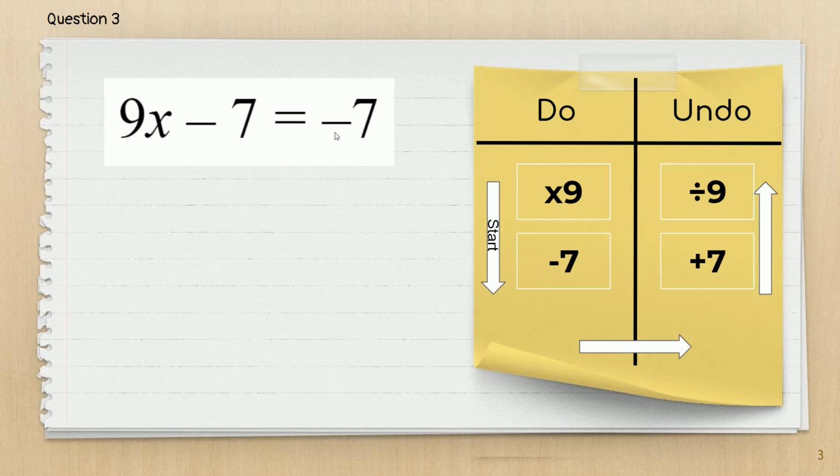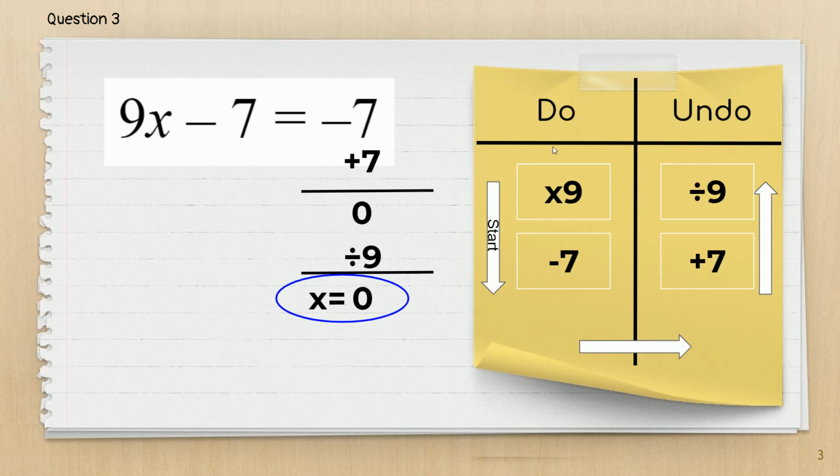So here I have negative 7, and then I have to add 7 to that. So negative 7 plus 7 gives me 0. And then after I added 7, I need to divide by 9. And 0 divided by 9 gives me 0. So the answer to this equation would be x equals 0.